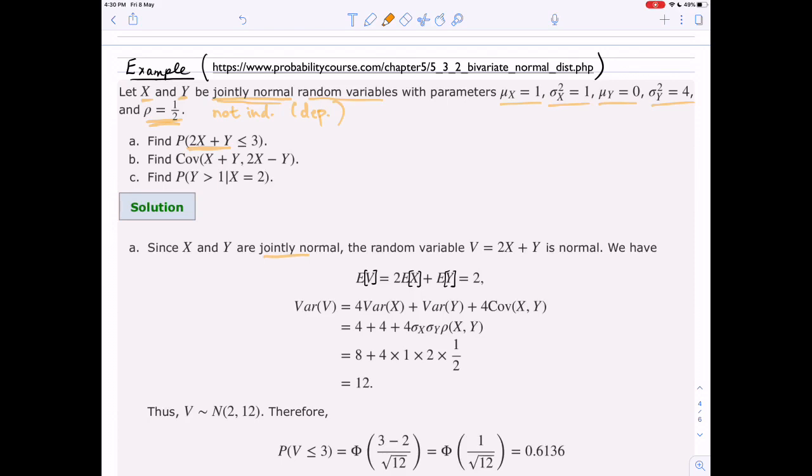Since they are jointly normal, any linear combination, so here they've used V instead of W, any linear combination is normal. So what do we have to do? We have to figure out what the mu is. Well, that's using the properties of the expectation. You plug in those values from above and you're going to get 2. We have to figure out what the standard deviation is.